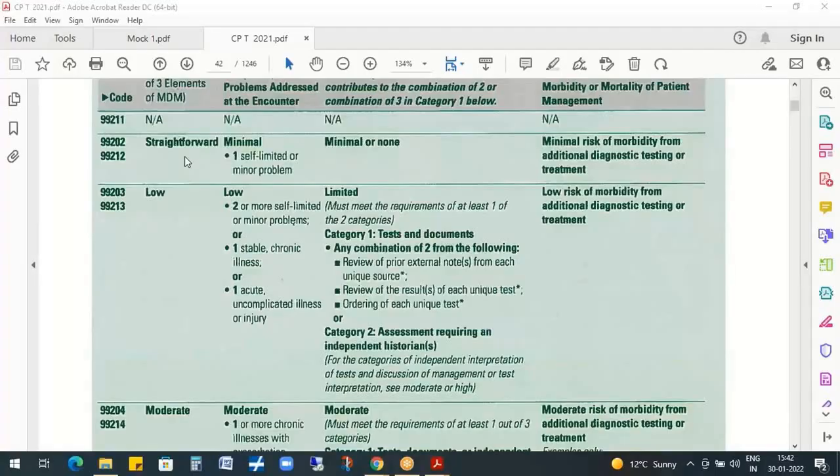Yes, next one. Sir, in question 91, she is not a new patient.